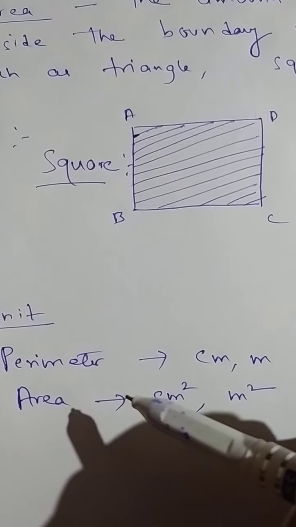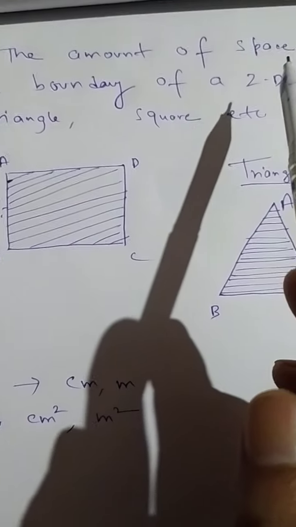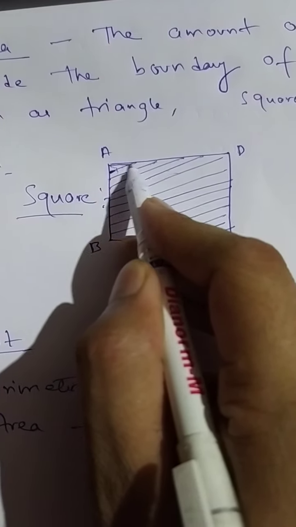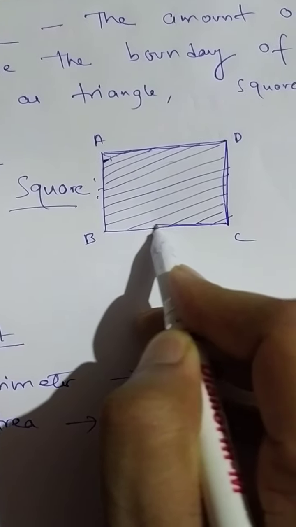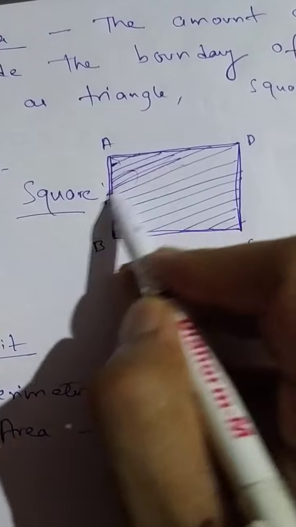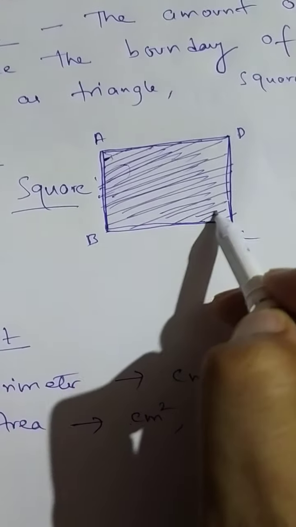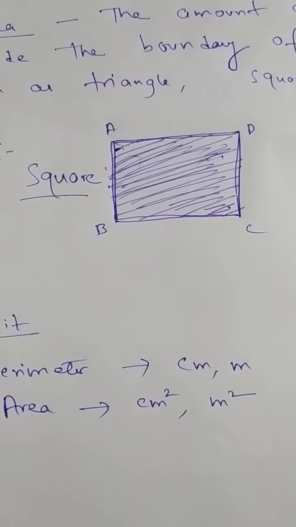Now here, what is the area? According to the definition, the amount of space inside the boundary. So these lines are the boundary, that means these lines are the perimeter if you add all the lines. And inside these lines, you can see this space. I have shaded this part. So this shaded part is the area of the square.